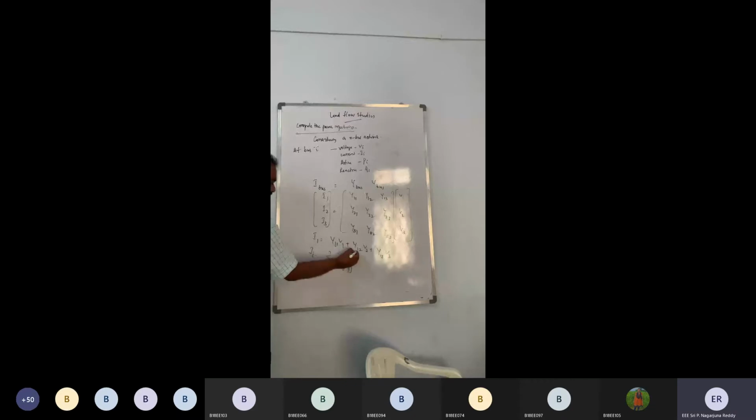This value is constant if you carefully see, whatever value I have, this value is constant. But this value is varying: first time 1, next time 2, next time 3, so j equals 1 to n. This is the simplest way to determine the current at any bus. Current at any bus, Ii is equal to sigma j equals 1 to n of Yij Vj. Do you agree with this?